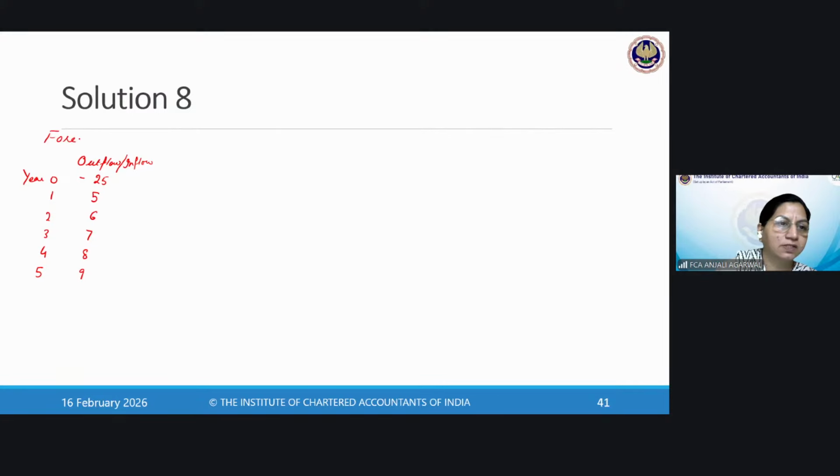So foreign currency approach and home currency. So home currency, firstly, the 0 year 25 million will become 25 divided by 0.37. That is, 25 into 37, 9.25 million rupee. Rupee in million.